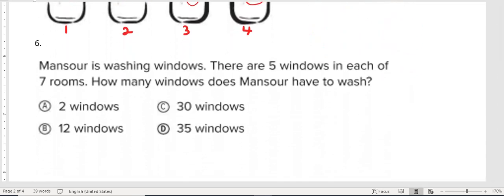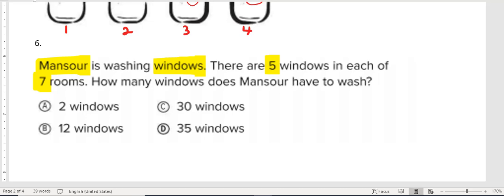Question number 6. Masu is washing windows. There are 5 windows in each of 7 rooms. How many windows does Masu have to wash? So very easy.